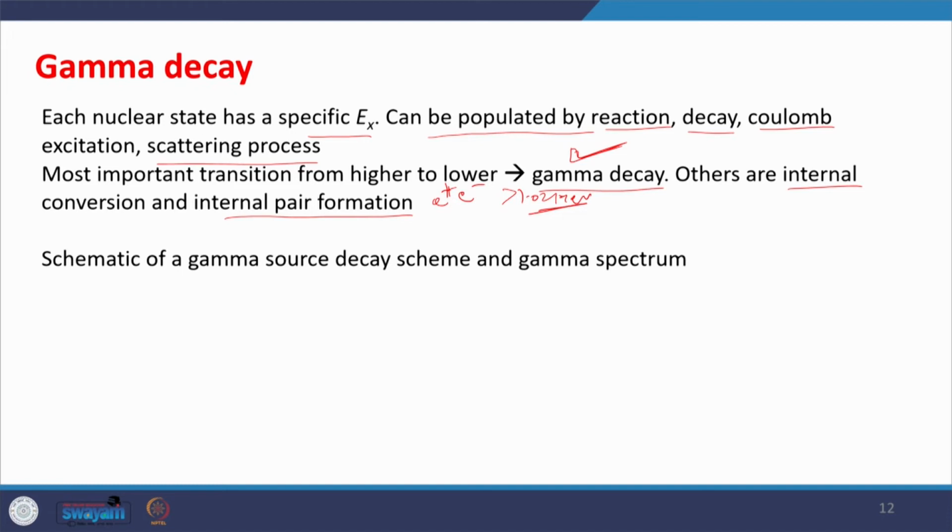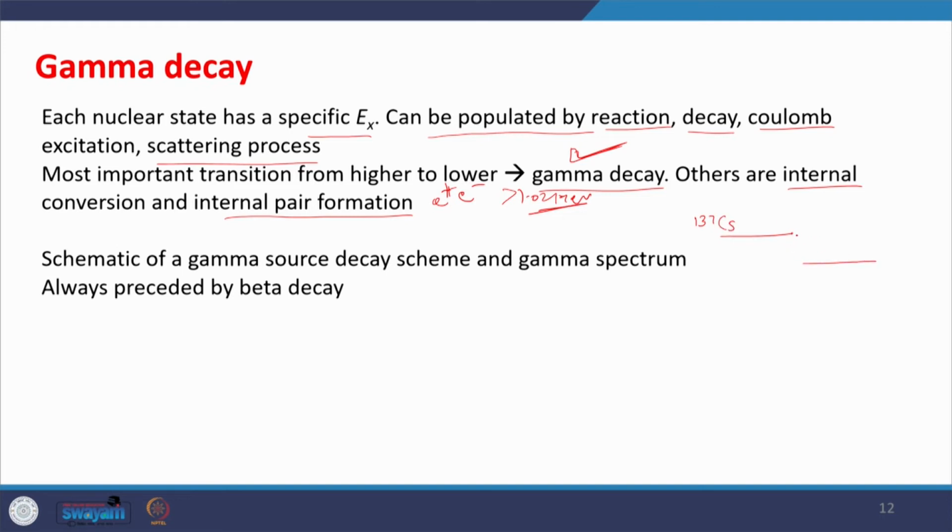And we can see the schematic of a gamma source decay scheme. Let me draw it here for you so that you can understand how a simple decay scheme looks. The widely used gamma source in the laboratory is cesium-137. This is unstable.